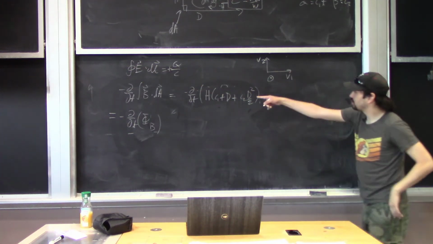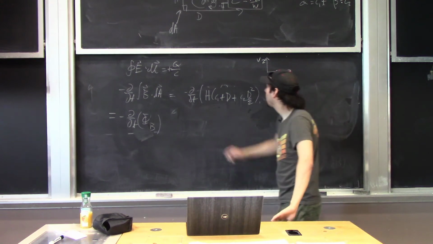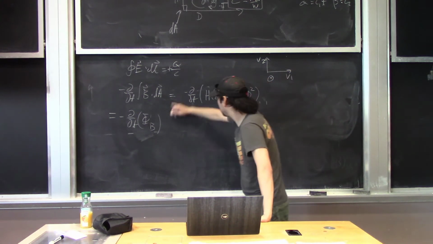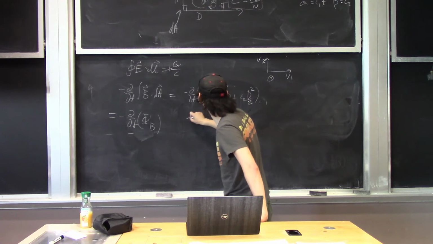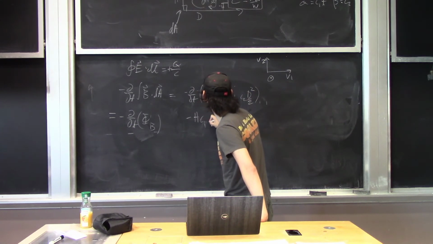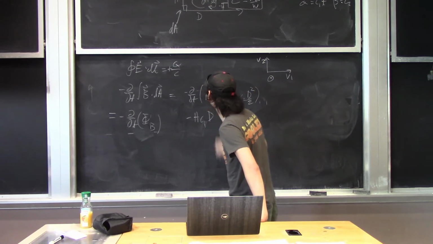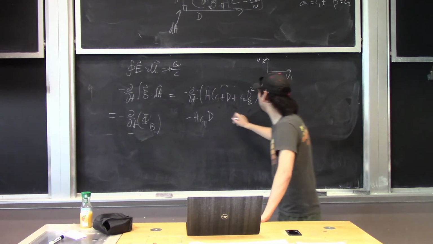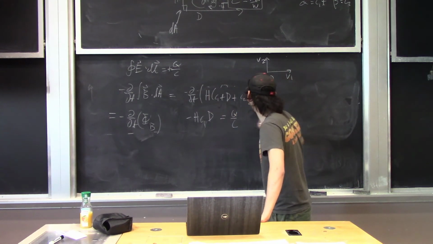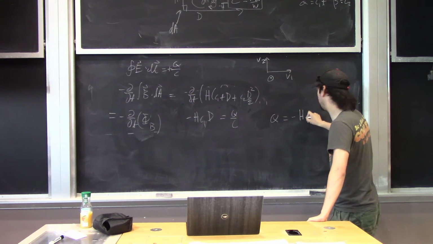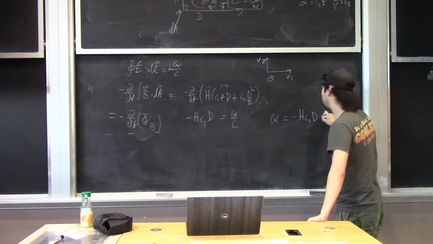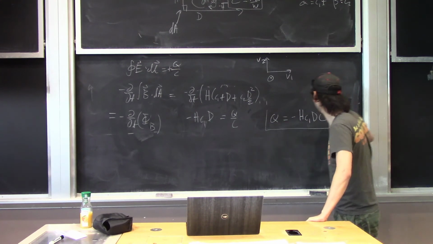So now I can take this time derivative here, and what I see is that this is going to give me a minus H C1 times D. And so this is equal to Q divided by C, and so Q is going to be equal to minus H C1 D times C. Okay.